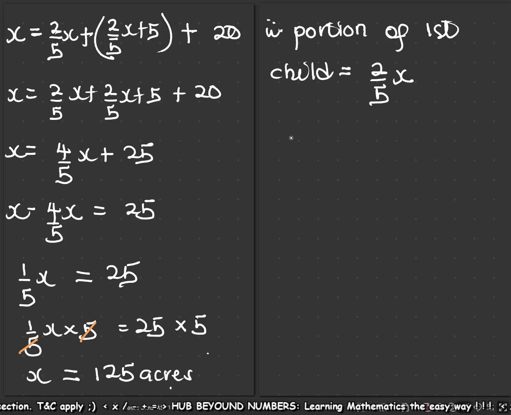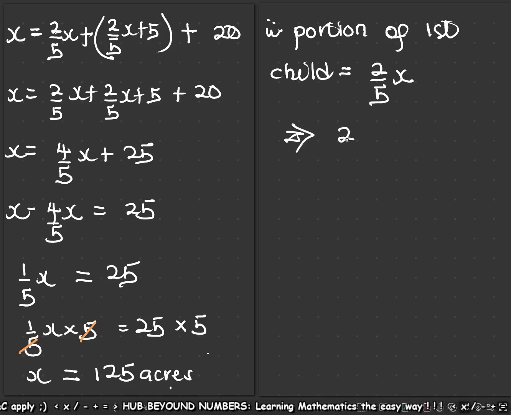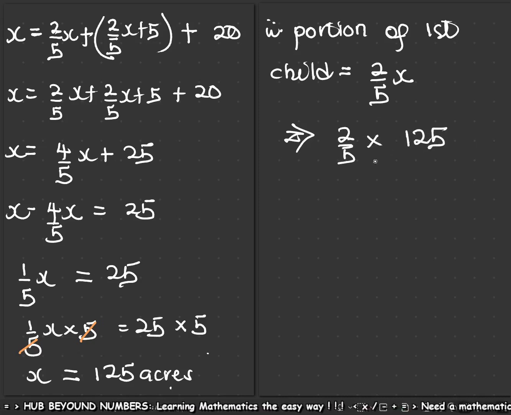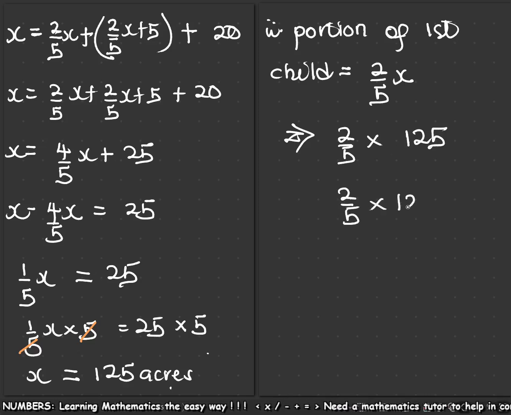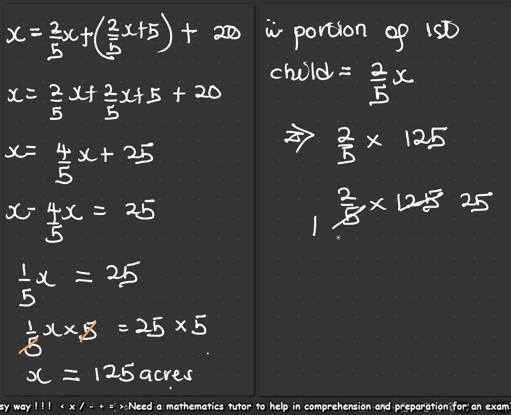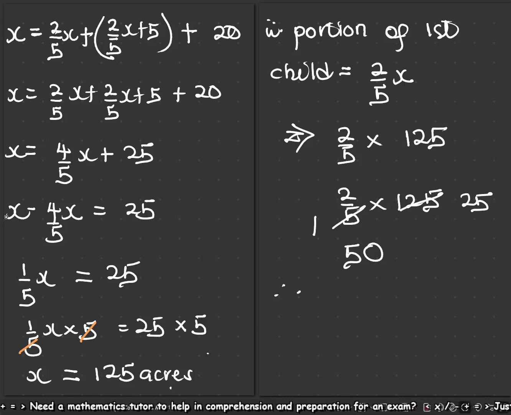So it implies we are going to solve 2 over 5 times 125. We know 5 divides itself once, and then it divides 125 25 times. So we have 25 times 2, which is 50. So we can say, therefore, the first child received what?